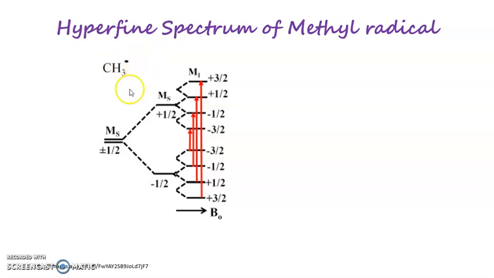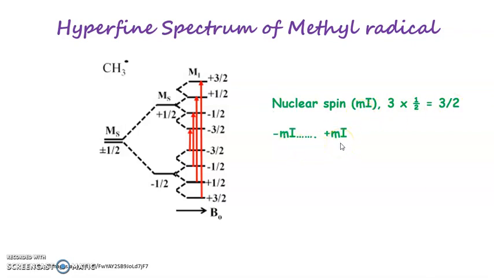Since for a proton I is equal to half, it is evident that for 3 equivalent protons, the nuclear spin must be 3 into half, that is 3 by 2, and it should vary from minus 3 by 2, plus 1, minus 1 by 2, plus 1, plus 1 by 2, plus 1, plus 3 by 2. Hence, each of the electron spin levels can be divided into 4 sublevels by the hyperfine interaction.